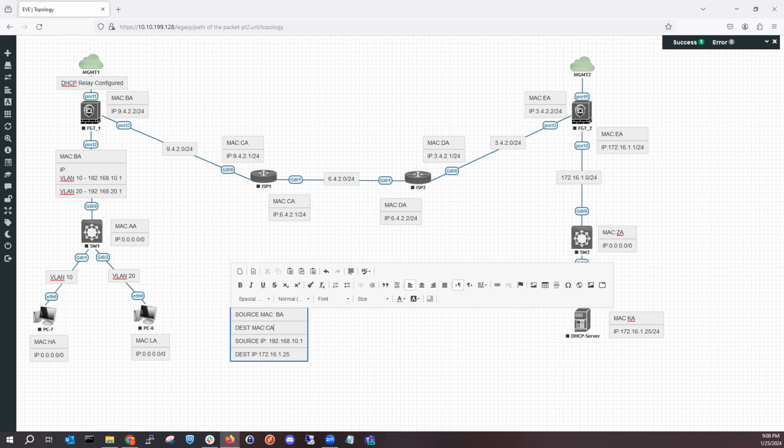Okay. So here's what I want you to do. I want you to go back and read up on layer 2 and layer 3 before we come back and do this. I don't want to waste cycles doing this.